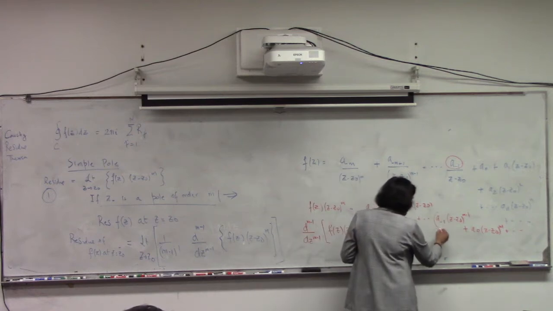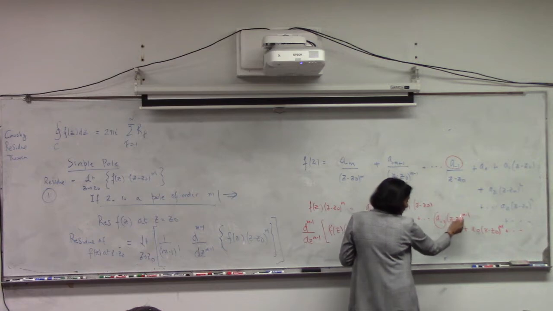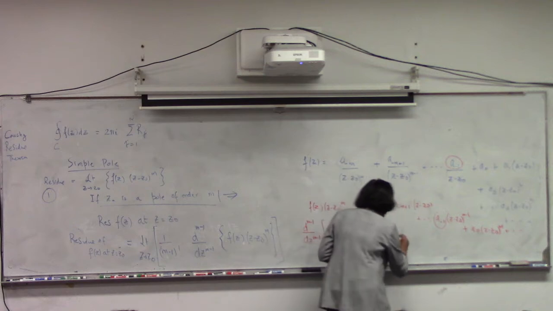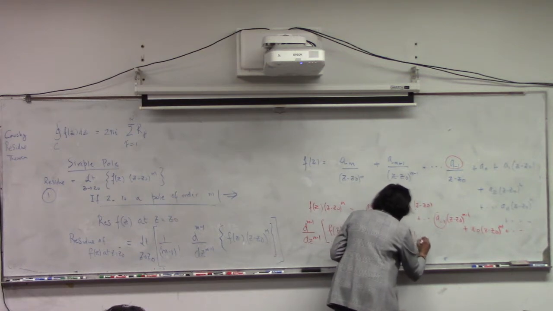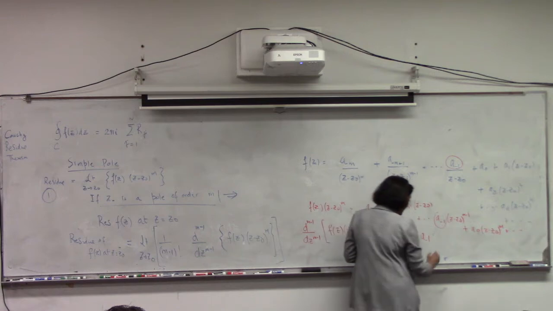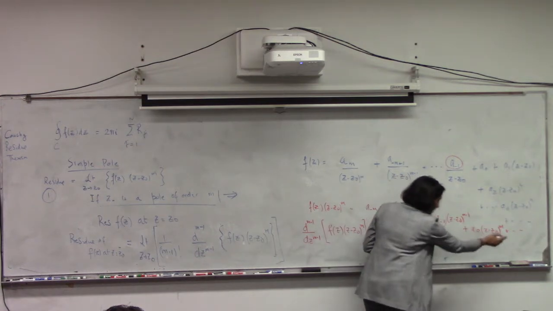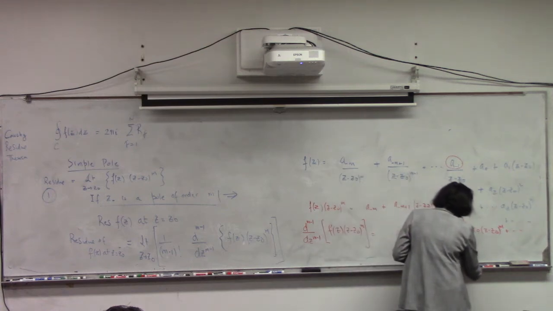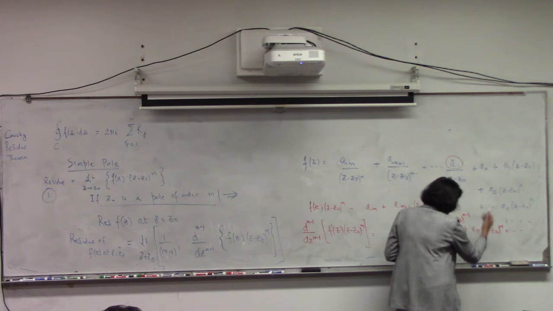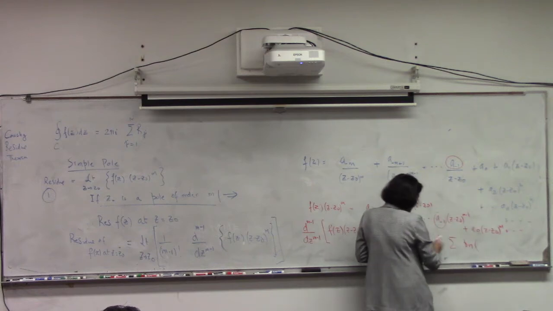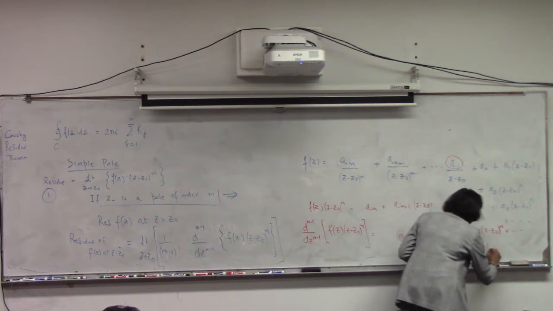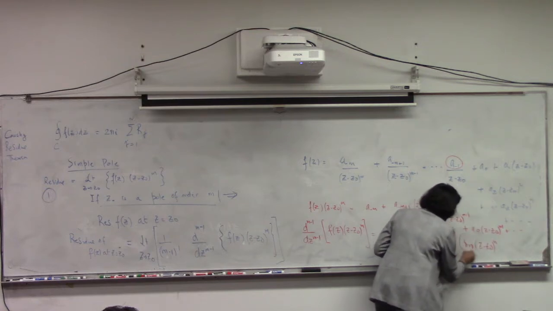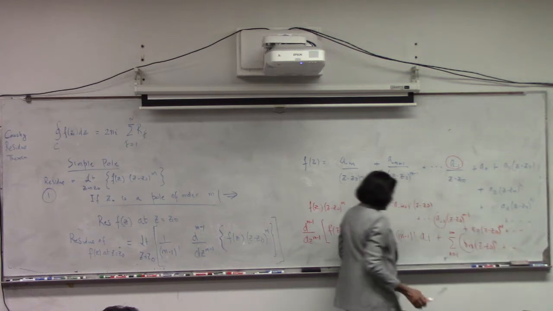And then this term will become n minus 1 times z minus z naught to the power n minus 2, and so on. So an (n minus 1) factorial will develop here, a minus 1 will be there, and the rest of them will always have z minus z naught in it. I'm just combining all of this into one term, but you can see it is some factorial of n, and all of them will have z minus z naught.